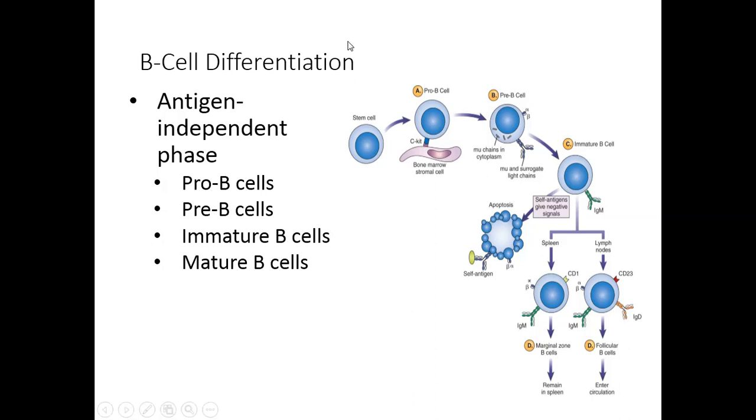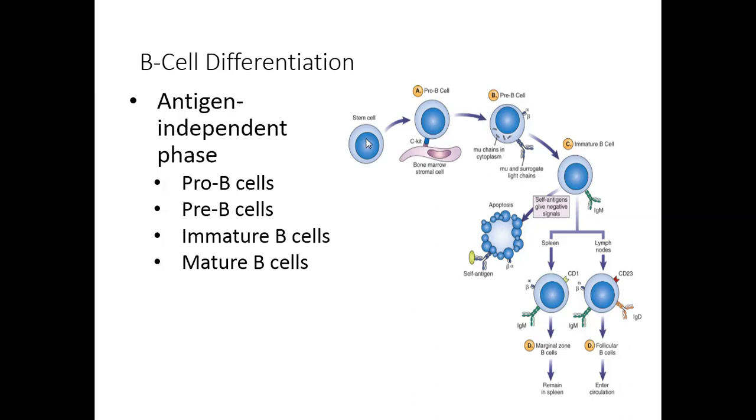We start with the hematopoietic stem cell in the bone marrow. And as I said, this is the antigen independent phase. It doesn't matter what this B cell may ultimately come in contact with antigenically, because in the beginning we're just developing and maturing B cells.